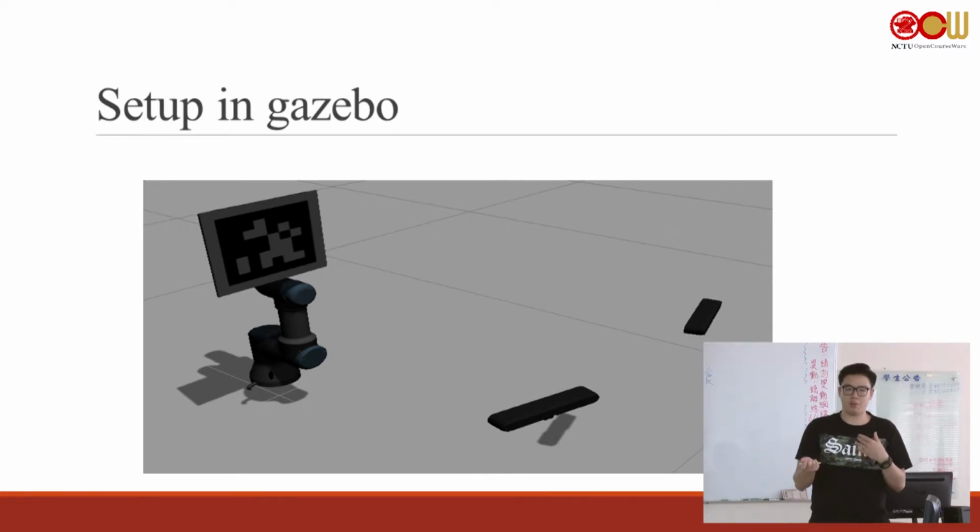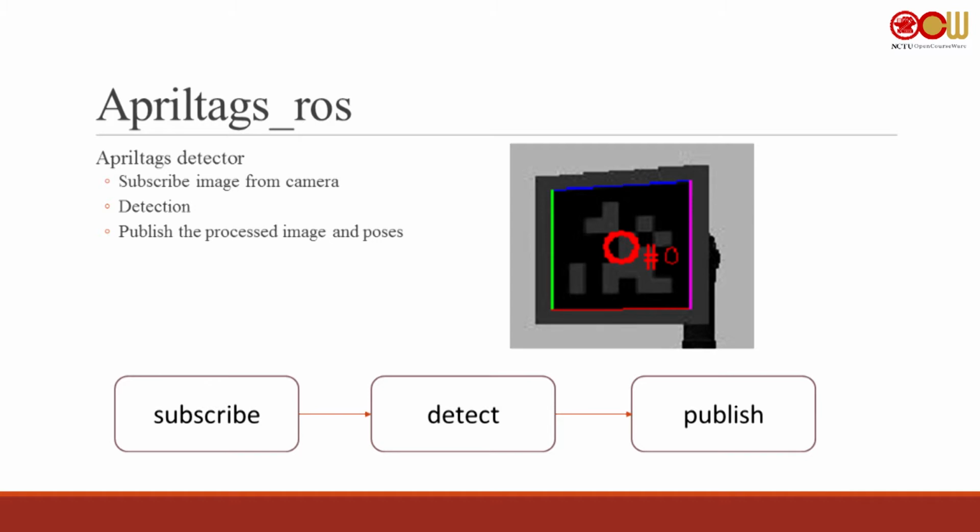What we're going to do is AprilTag detection. AprilTag detection is mainly doing 3 things. One is subscribe to the image from the cameras, and then process detections with some algorithm of the AprilTag detection, and then publish the image and result of it. So it manages these 3 things: subscribe, detect, and publish.